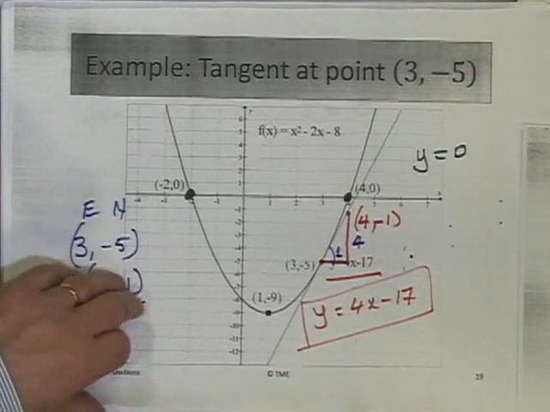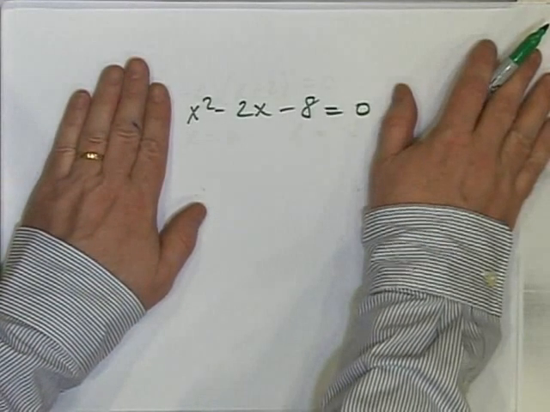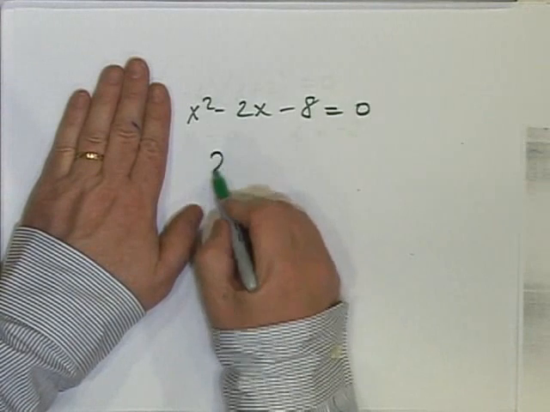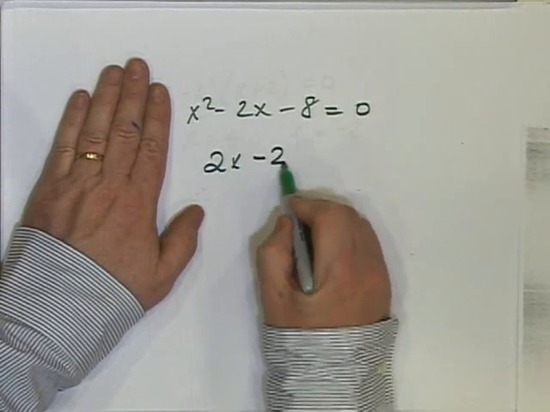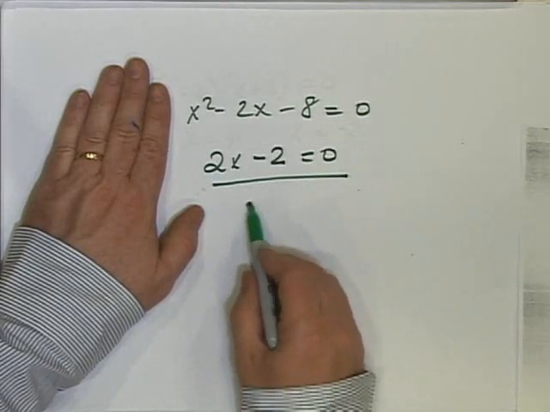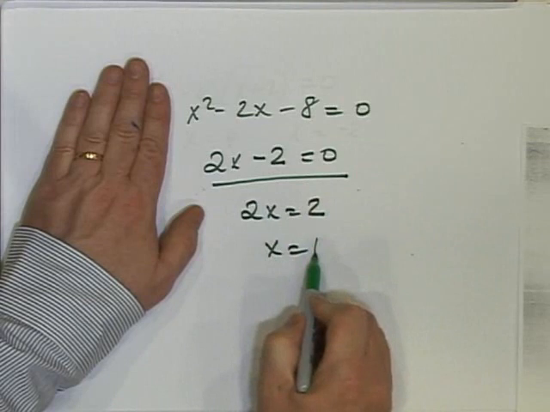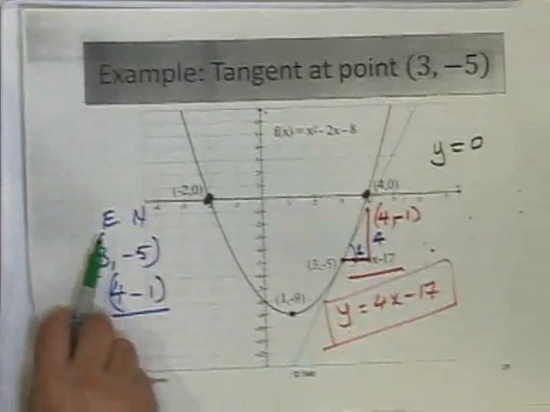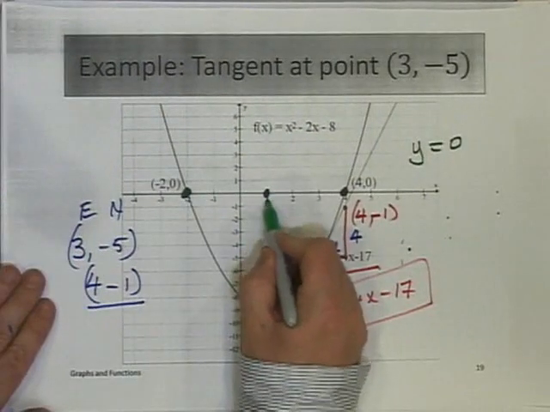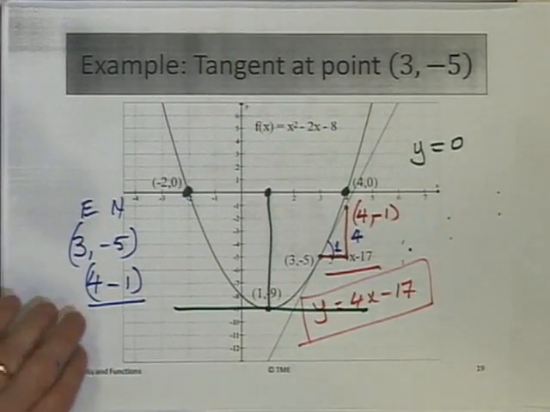Does anybody know how to get dy dx of that mess? What is it? 2x minus 2. And when is 2x minus 2 equal to 0? When 2x is 2, when x is 1. And when x is 1 in this graph here, dy dx is 0. The slope is 0.